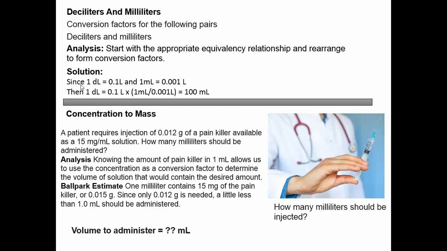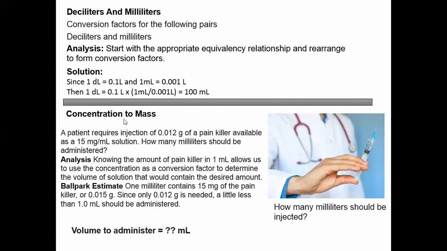It says over here that 1 deciliter is 0.1 liter, and 1 milliliter is 0.001 liter, right? So 1 deciliter is 0.1 liter times 1 milliliter over 0.001 liter, which is 100 milliliters. So 1 deciliter is 100 milliliters, because of this conversion which is given here.